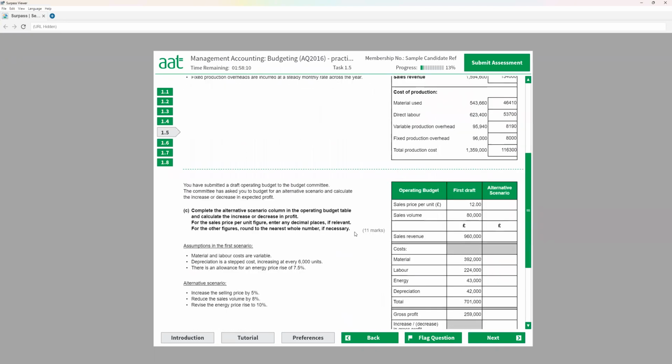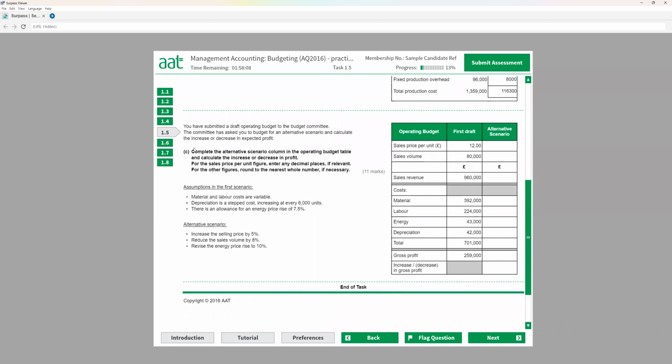All right, that's it. The next one we have here: you have submitted a draft operating budget to the budget committee. The committee has asked you to budget for an alternative scenario and calculate the increase or decrease in expected profit. Okay. Let's look at the situation here.